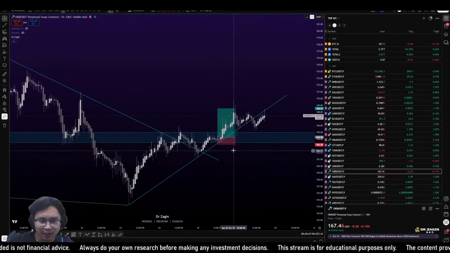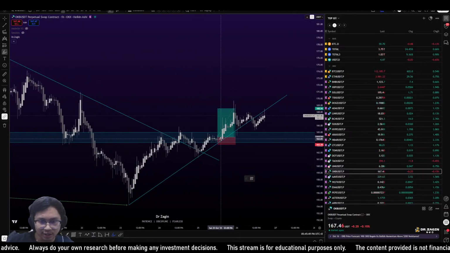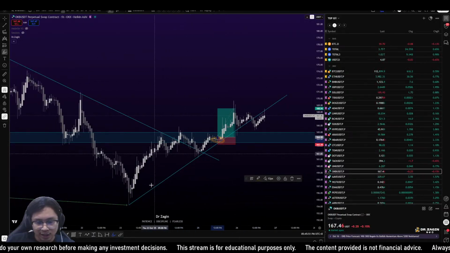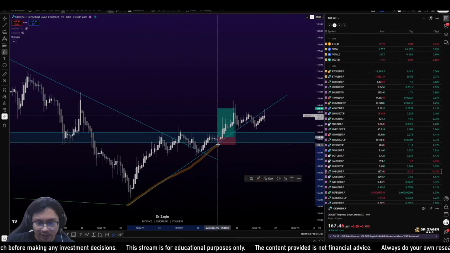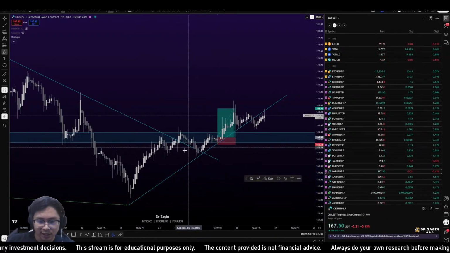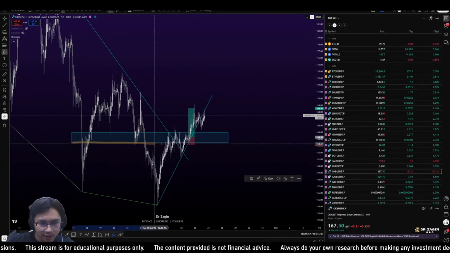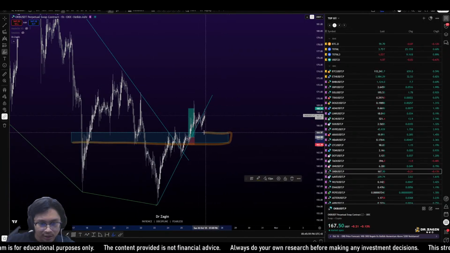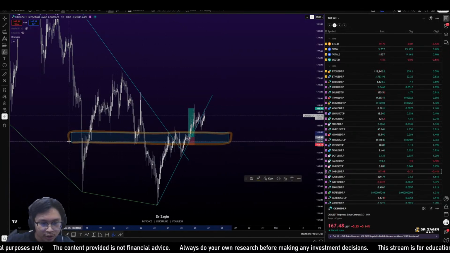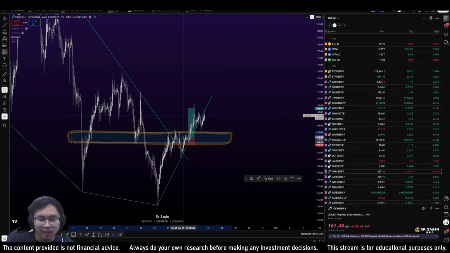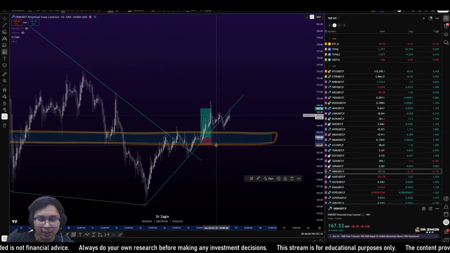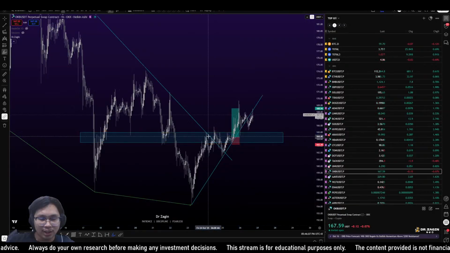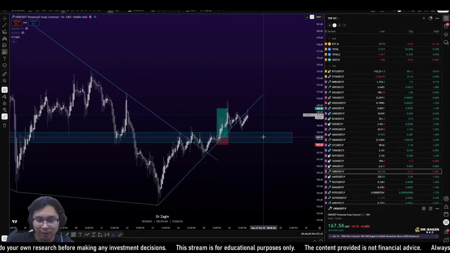But when I was seeing this area here, with the trend line being respected, and a common support here and a common resistance here, I considered this a rectangle. I don't know, whatever you call it.